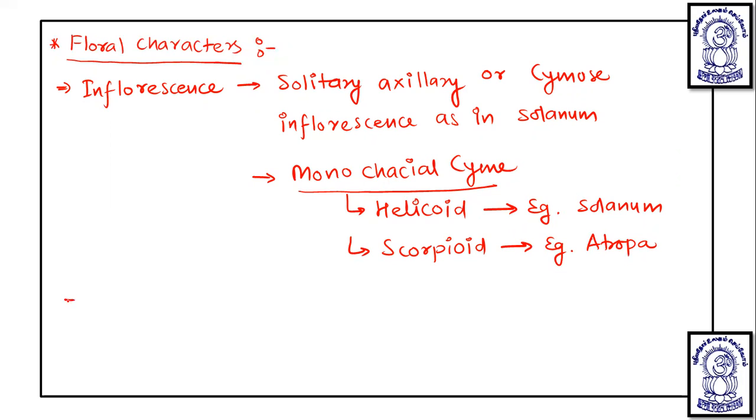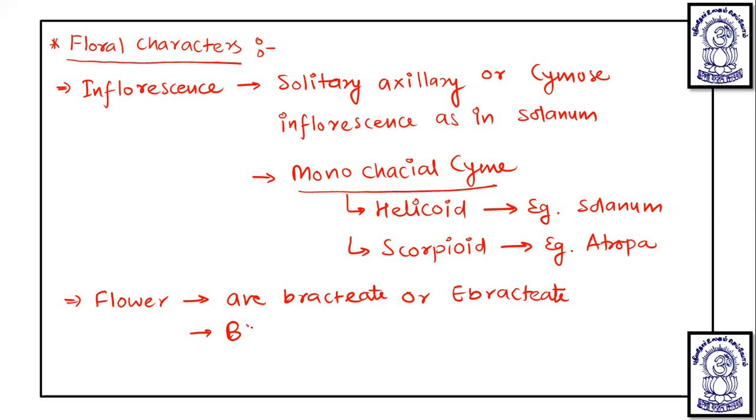Then, if you talk about the flower characteristics, you will see that flowers are bracteate or ebracteate, which may or may not be present. The flowers are usually bisexual.